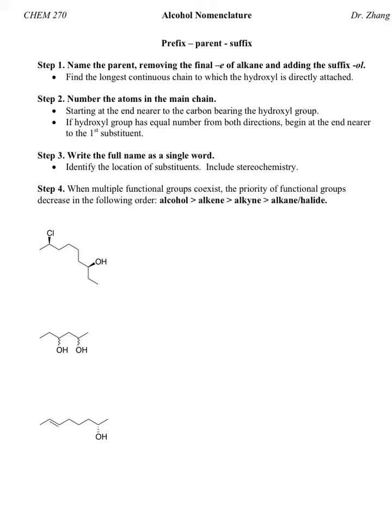Therefore, we number the main chain from the right-hand side. The carbon bonded to OH is carbon number 3, and going on, the carbon bonded to chlorine is carbon number 8.